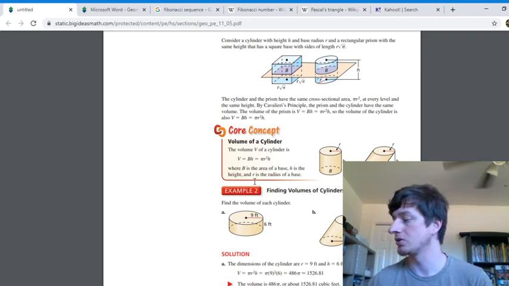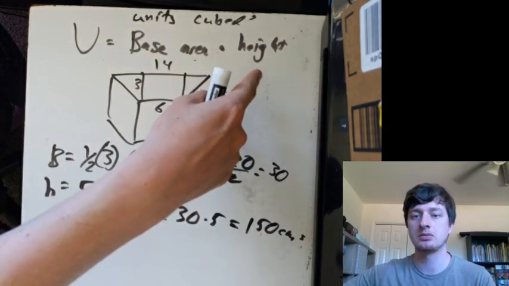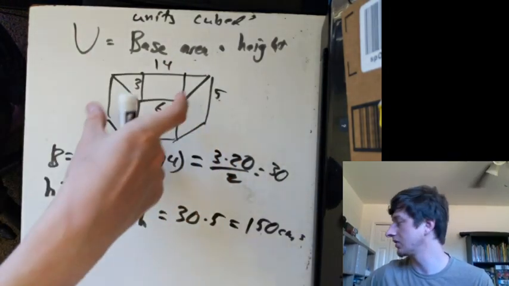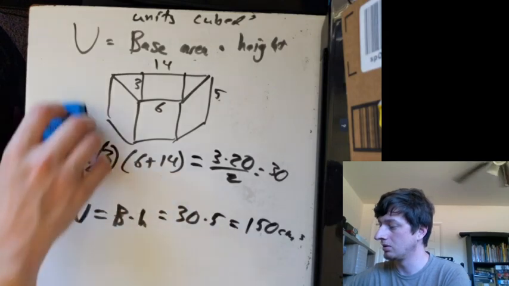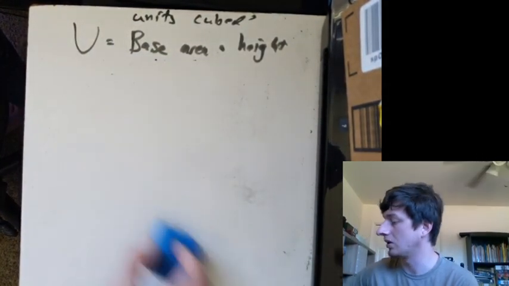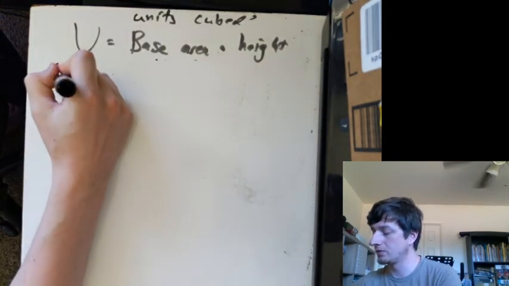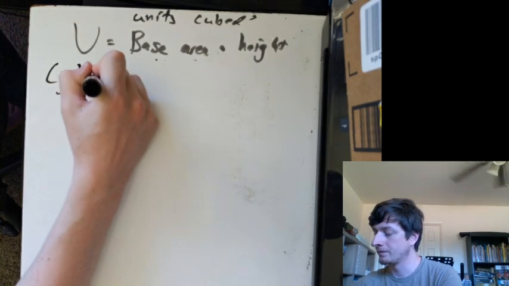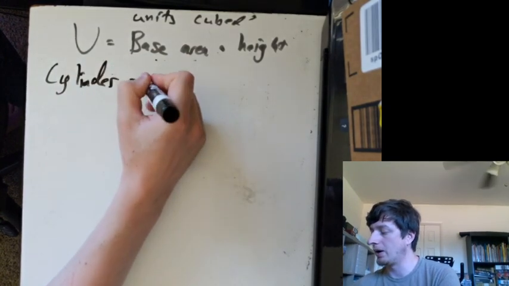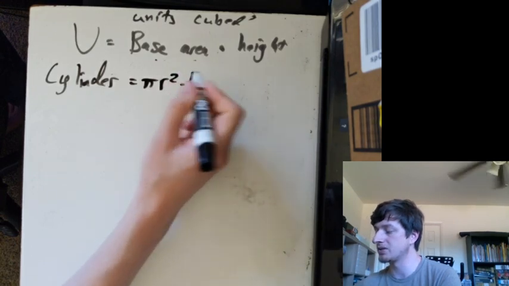So we're going to use base area times height again, except instead of it being prismatic, it's going to be cylindrical. So our base is always going to be pi r squared times the height. So this is the base area.